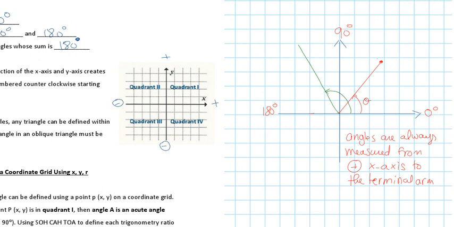Okay? Now, what did I say about the x and the y values in the first quadrant? Are they negative, positive? Both positive. Okay, so the x and the y in the first quadrant are both positive. Okay, how about in the second quadrant?